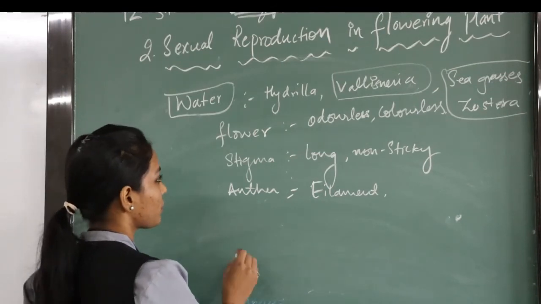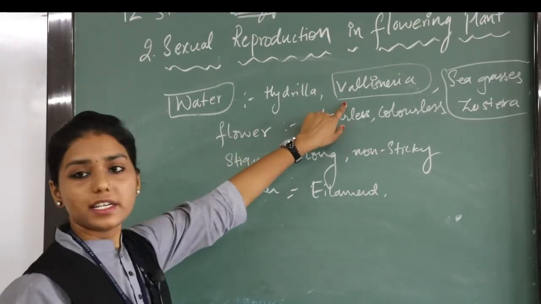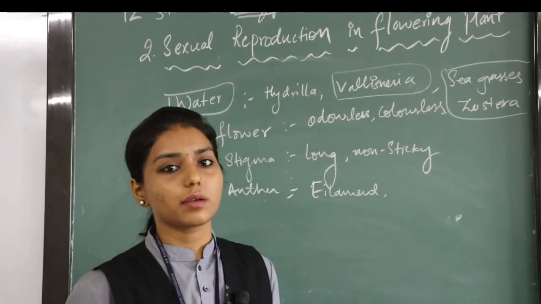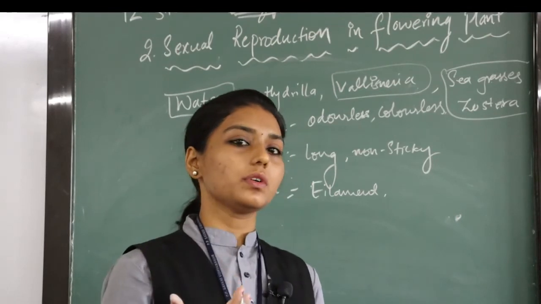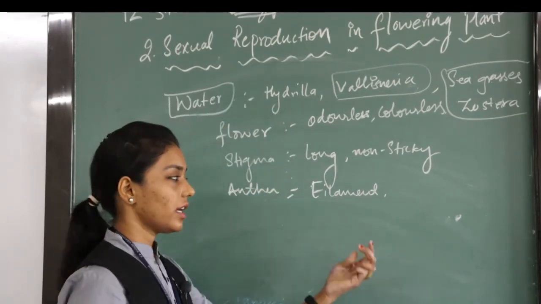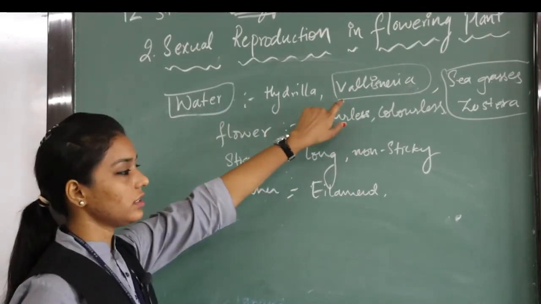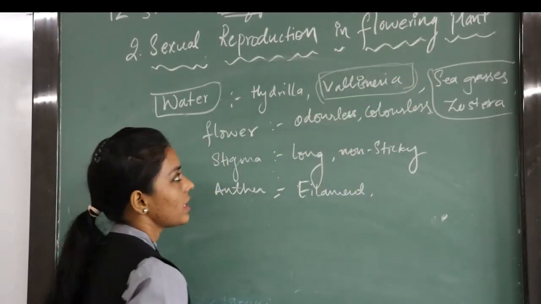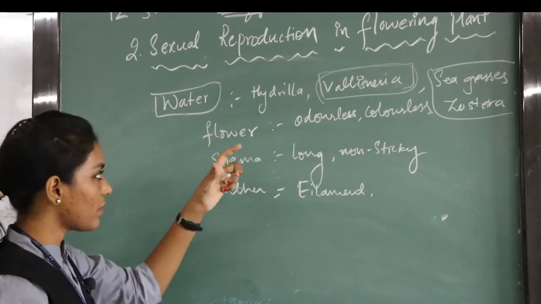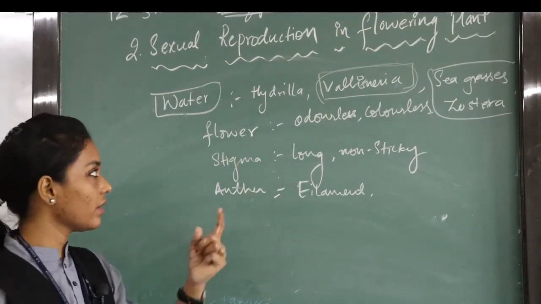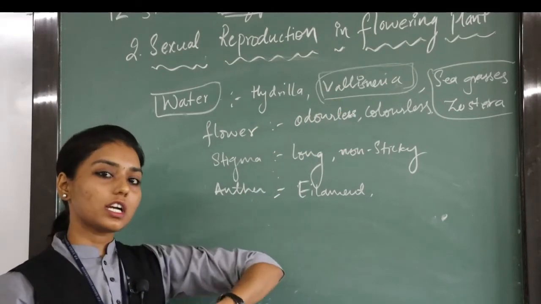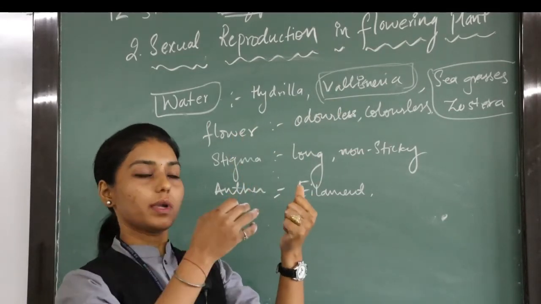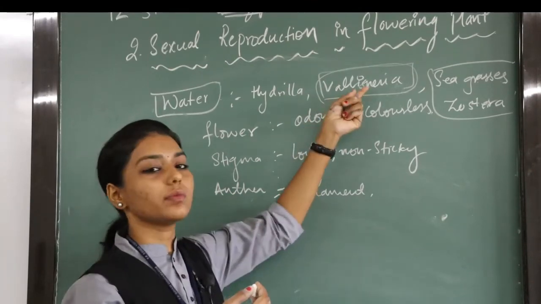In Vallisneria, the female part of the flower comes out of the submerged part to above the water level, and the male part comes and pollinates with it.